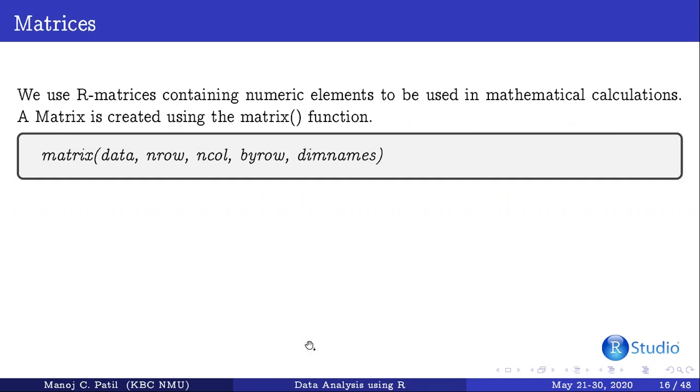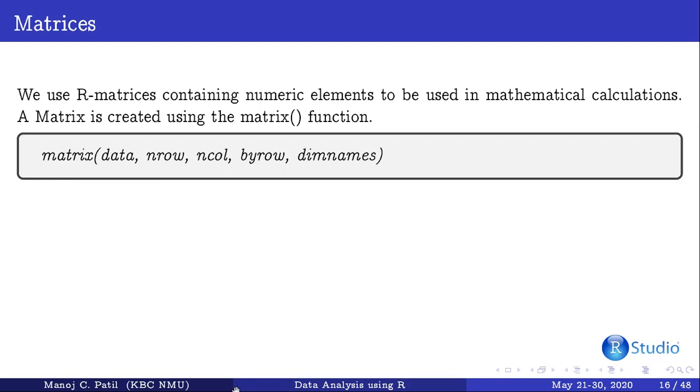Moving to the next part, that's matrices. Matrices are a generalization or extension of vectors. We can use R matrices containing numeric elements, not necessarily only numeric, but in mathematics we mostly prefer numeric elements.